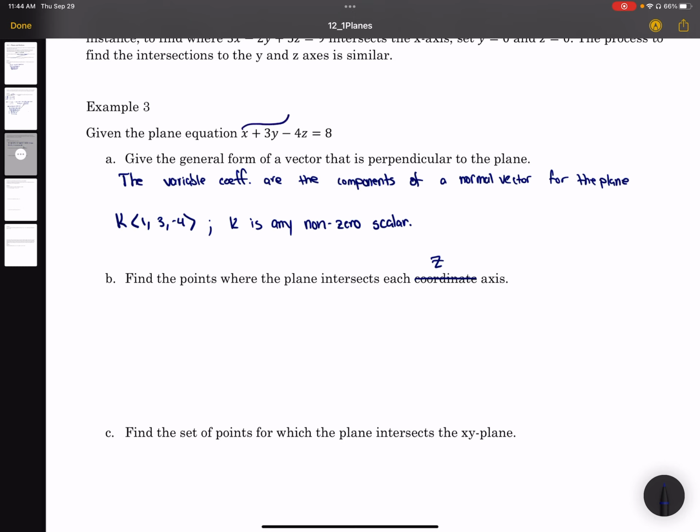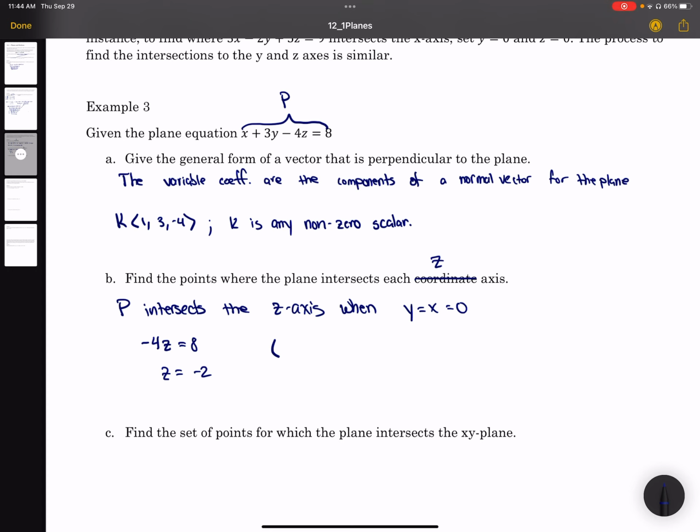So we'll say P intersects the Z axis when y and x are both 0. So that's going to mean that negative 4z is equal to 8, and so z equals negative 2.